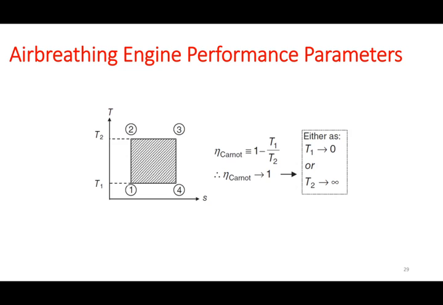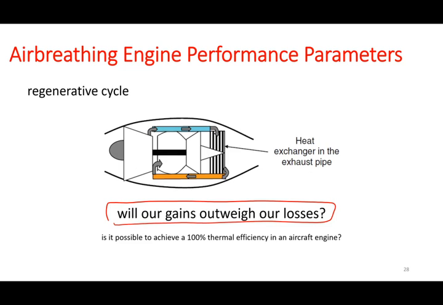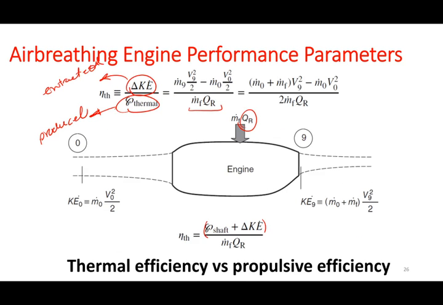Okay, so something else that we have to talk about is the difference between the thermal efficiency and the propulsive efficiency. We have these two kinds of efficiencies in jet engine design. One of them is the thermal efficiency that we have discussed, the ability of your jet engine to extract more and more mechanical energy from the generated heat, or from the heat input.